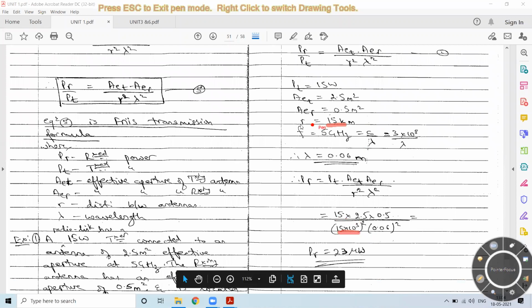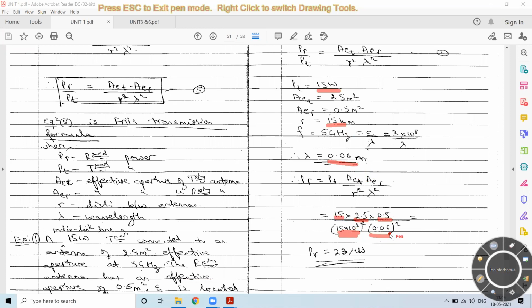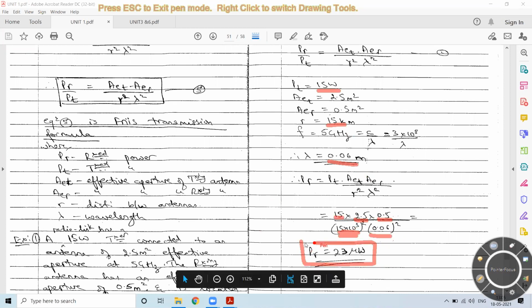PT is 15 watt, this is 2.5 meter square, this is 0.5 meter square, and this one is 15 into 10 raised to 3 meters, squared, and you have 0.006 meter square. When you simplify this, you get a value of 23 microwatt.